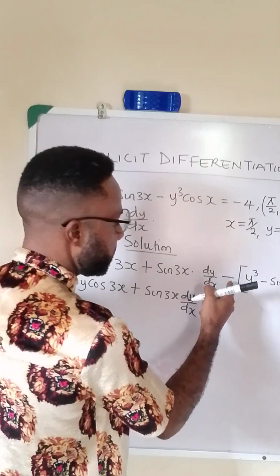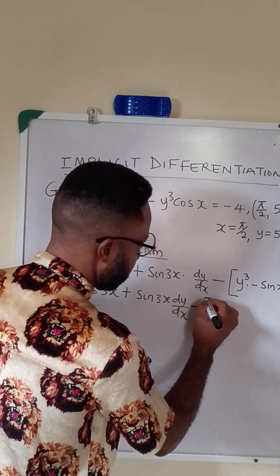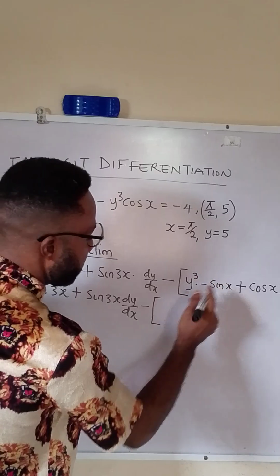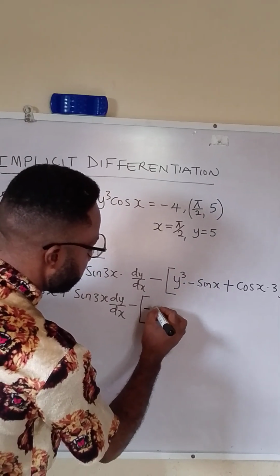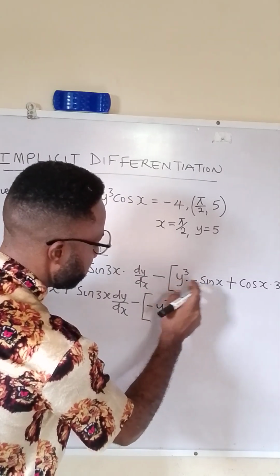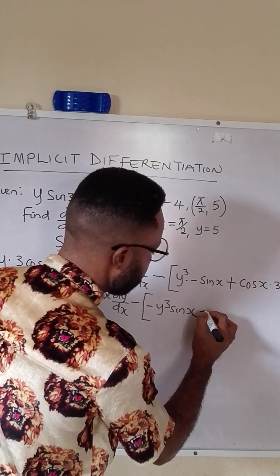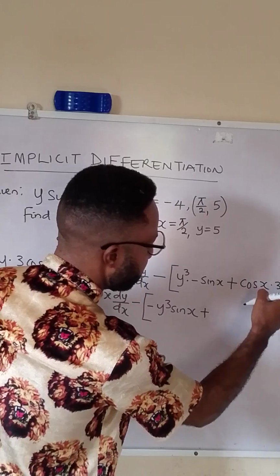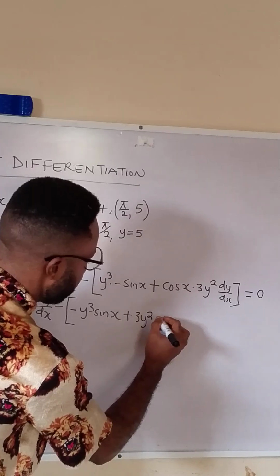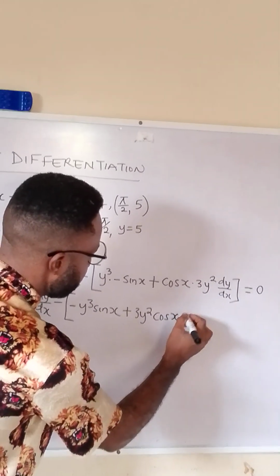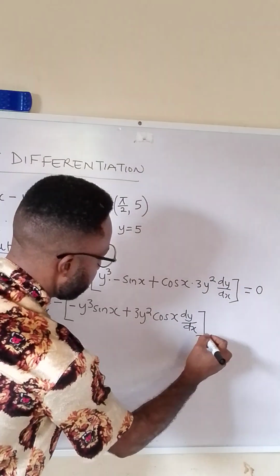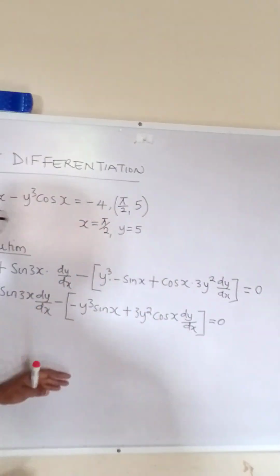Let's say minus into this times this: y cubed times minus sine x will give us minus y cubed sine x, that is this multiplying this, plus this times this will give us 3y squared cos x dy dx, still equated to 0.